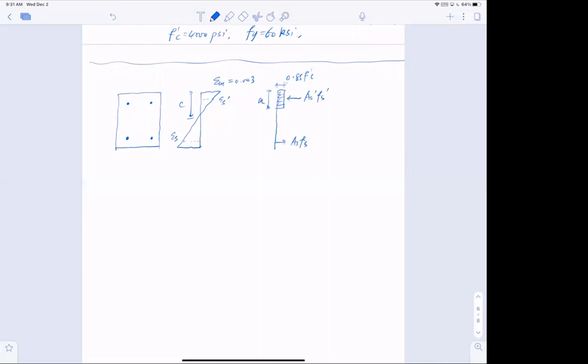In terms of internal forces, I have C s prime, C c, and tension T s. So strain, stress, and internal forces.